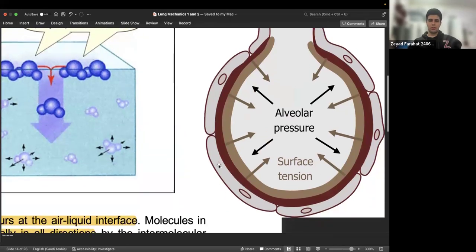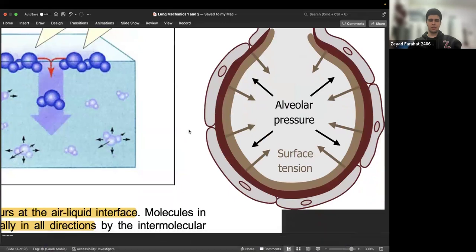These are the cells, the normal structure of the cell. Up top of them there is this water layer, which is actually pushing in on the alveolus and trying to collapse it.